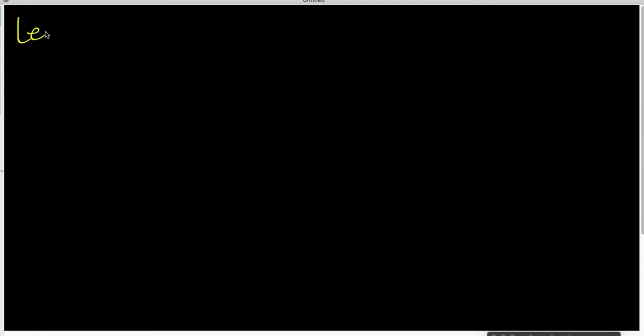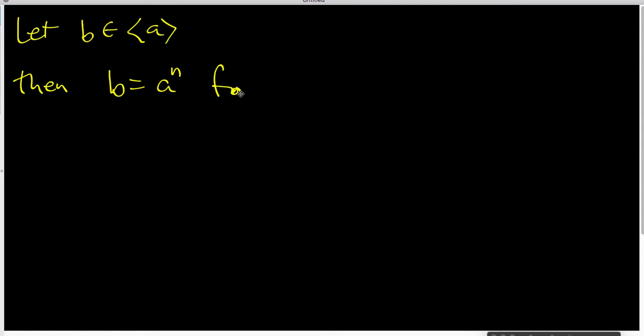So what are we going to do? Well, let's let B be any element of the cyclic subgroup generated by A. Then I know B is equal to a to the n for some n inside the set of integers. I also know that k is a positive integer.